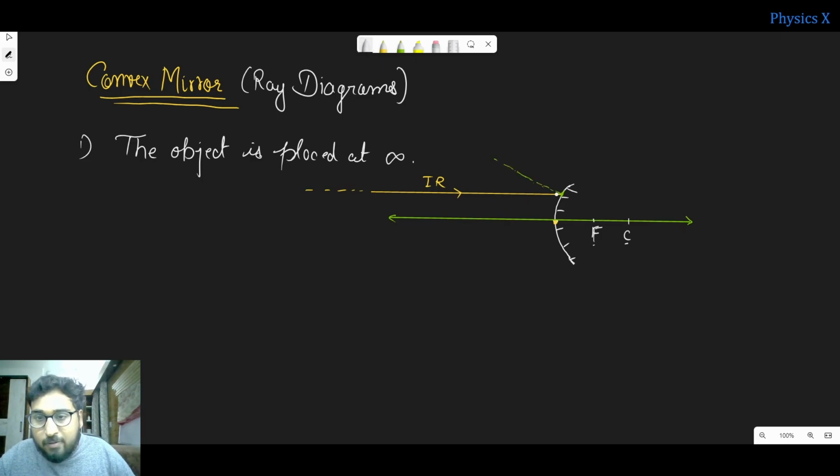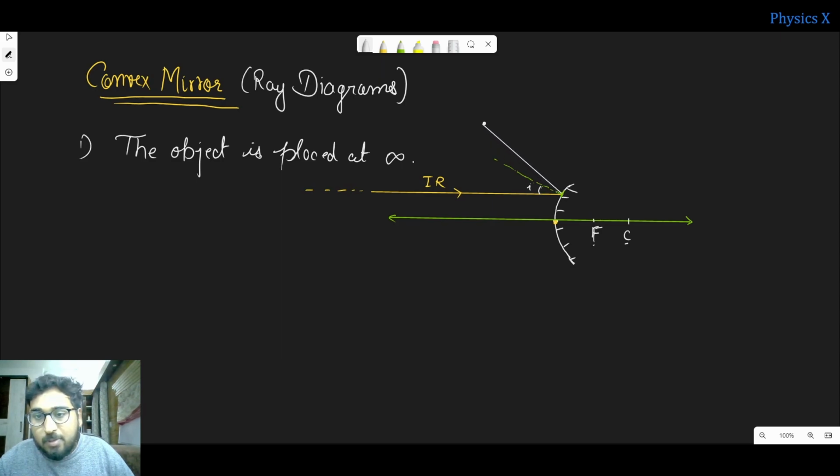And now if I draw the reflected ray, the angle of incidence will be equal to the angle of reflection. And I told you in the last class that if an incident ray is parallel to the principal axis, then the reflected ray will appear to pass through the focus point. So now if I draw the reflected ray, it will be somewhat like this.